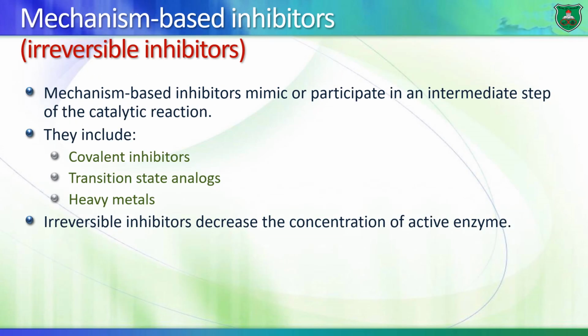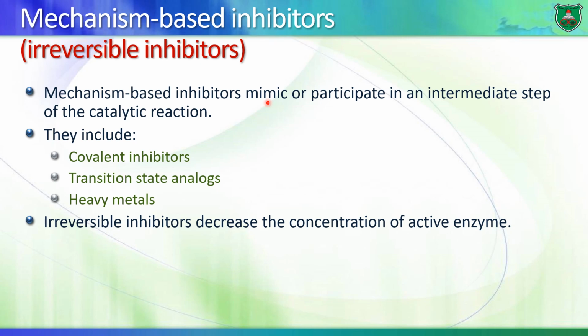Now let's talk about irreversible inhibitors. Now these are not physiological, okay? These irreversible inhibitors have different mechanisms of inhibition. Some of them mimic the substrate, but they prevent the enzyme from catalyzing reactions and they kill the enzyme, okay?